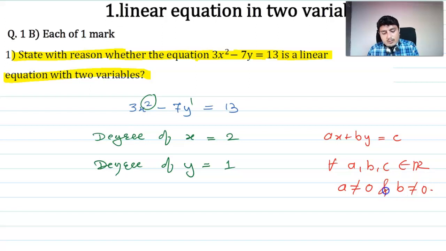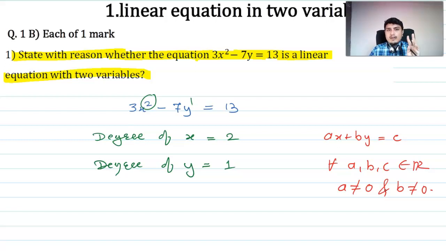So once each variable has degree 1 and 1 only, then we can say that the given equation is a linear equation. Once it has two variables, then it is a linear equation in two variables.